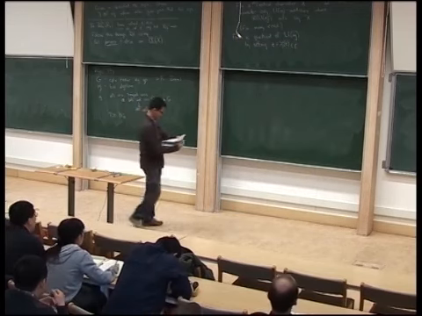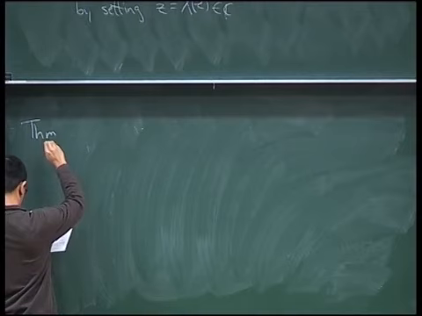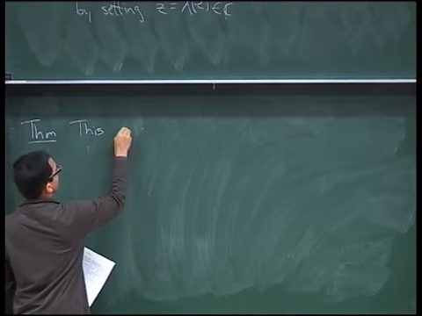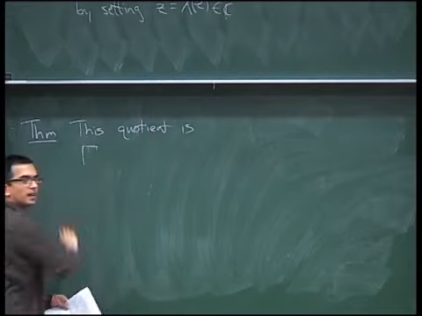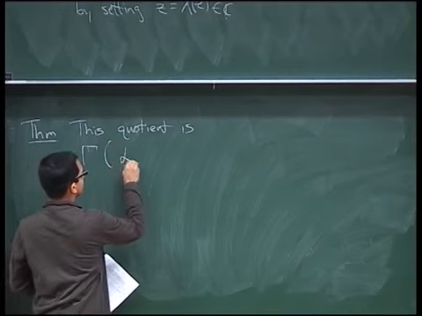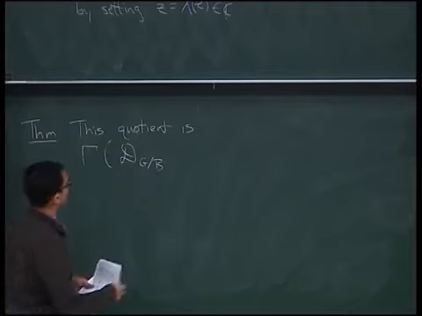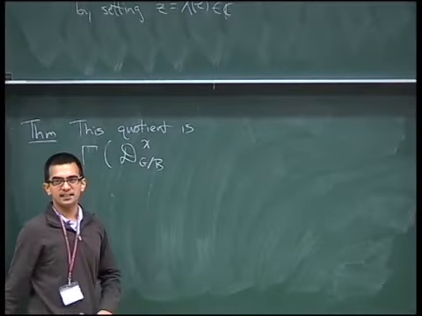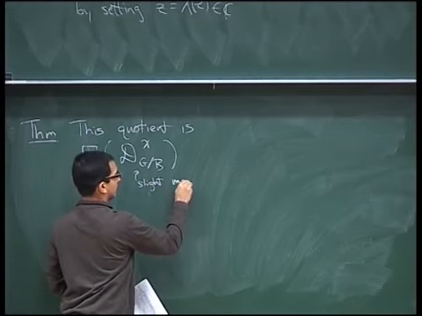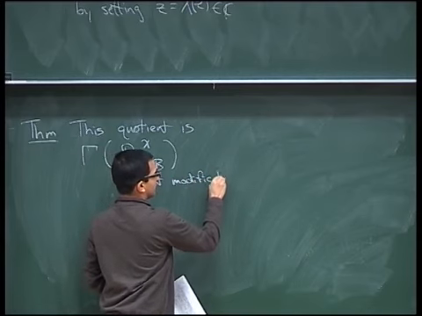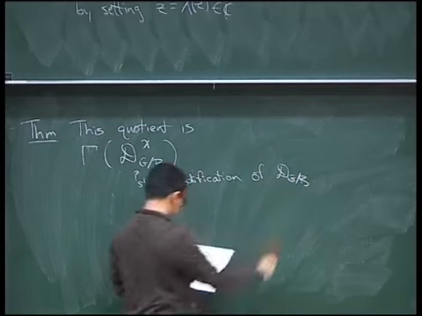And then here's the theorem. This quotient of U of G is the global sections of something like D_X on the flag variety G mod B. Not exactly. It's some slight modification that depends on the central character. But anyway, it's closely related.